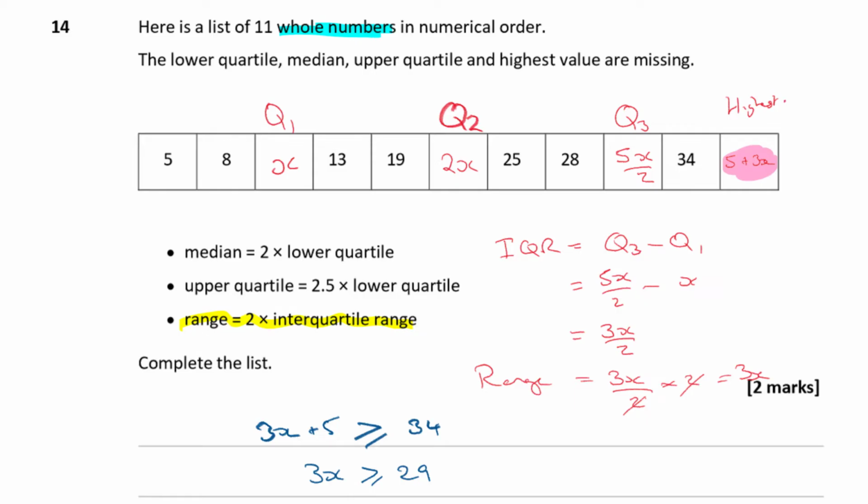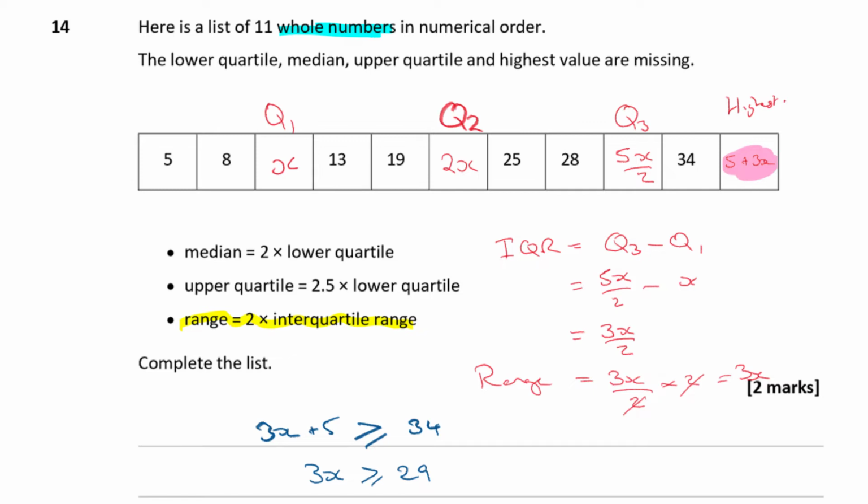Okay. And the greatest value x can be, if you look at the lower quartile down here, it has to be that x is less than 13, and isn't it? So x also has to be less than or equal to 13. Okay, so we've got a range of different values that x could take. It could be 10, 11, 12, or 13.